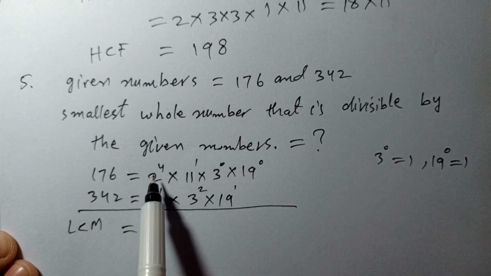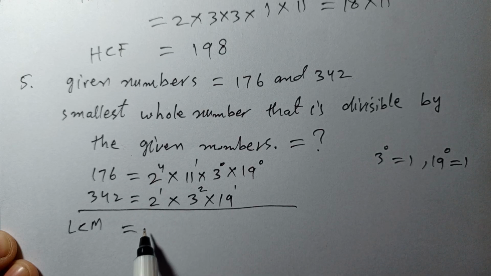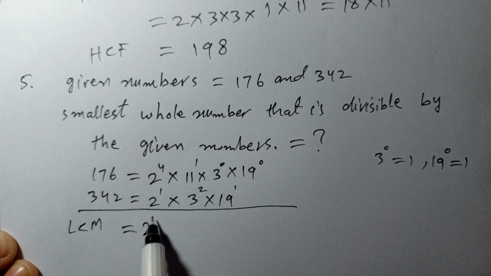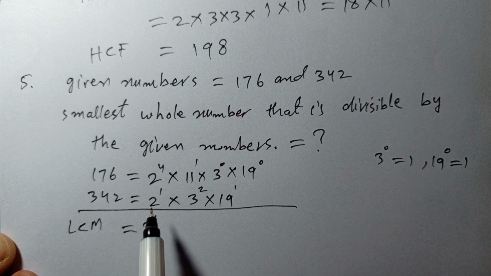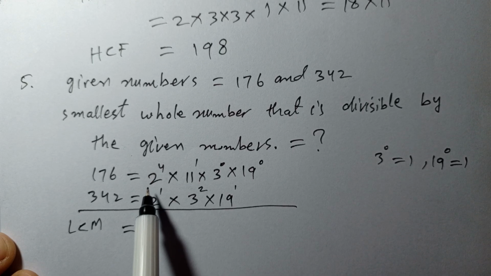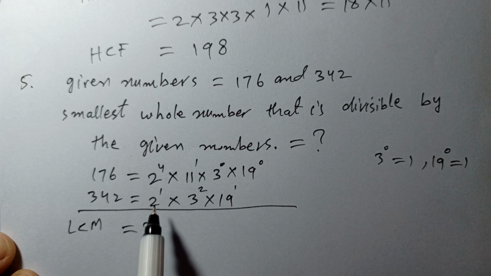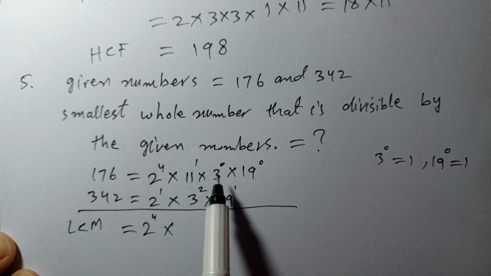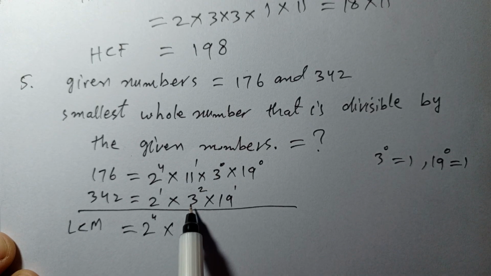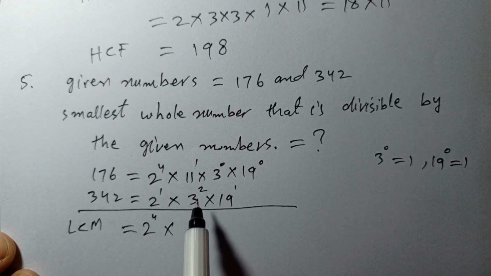Here the greatest exponent is 2 raised to power 1 or 2 raised to power 4. 2 raised to power 4 is the highest power, and we will choose that, because in finding the LCM we have to find the common and not common both. 2 raised to power 1 is common in both of these, but 2 raised to power 4 has common as well as not common prime numbers. So we will choose 2 raised to power 4 for taking the LCM.